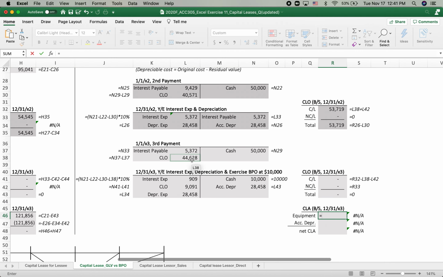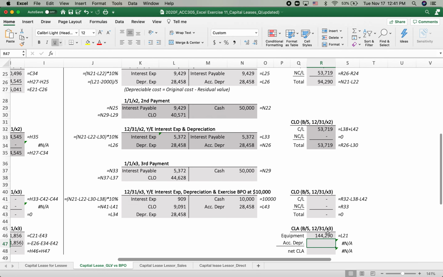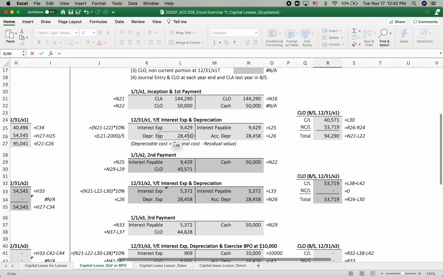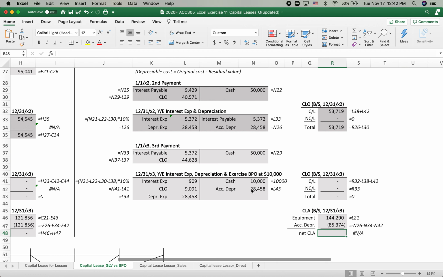Then this equipment under the CLO, starting from CLA, and then accumulated depreciation. Accumulated depreciation should be accumulated negative every year like this.